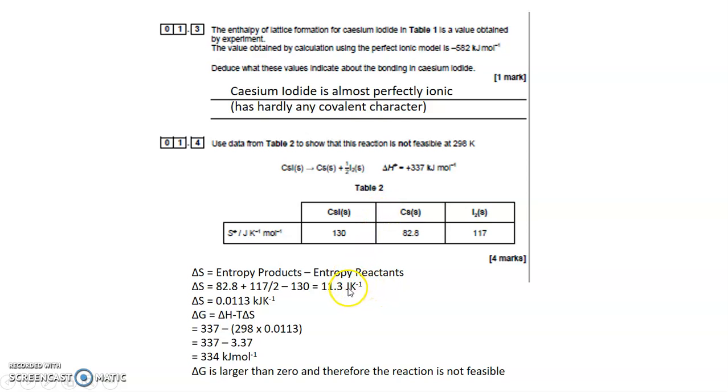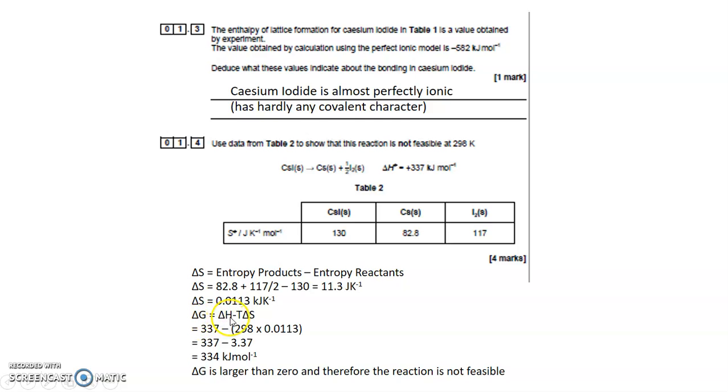Going from a lower unit like joules up into kilojoules, I divide by 1000, so delta S now I've got as 0.0113, so I've divided 11.3 by 1000. I've got 0.0113 kilojoules per Kelvin. I've got kilojoules and kilojoules in the right unit value.